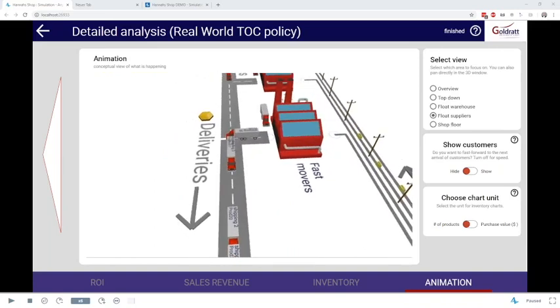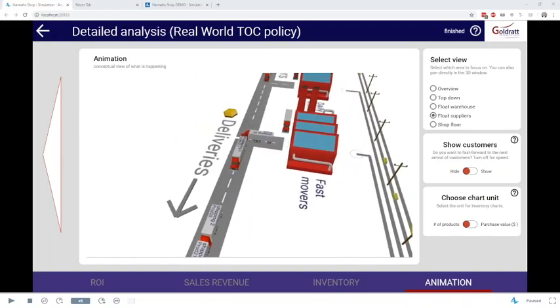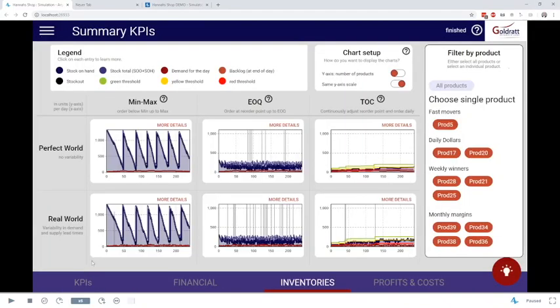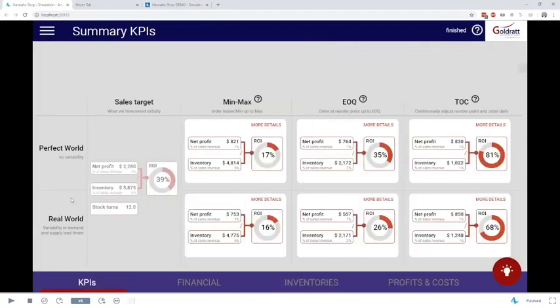I think, Ben, if you could just show quickly the return on investment screen again, so just to do a direct comparison of all the rules, and click on the KPI side there.